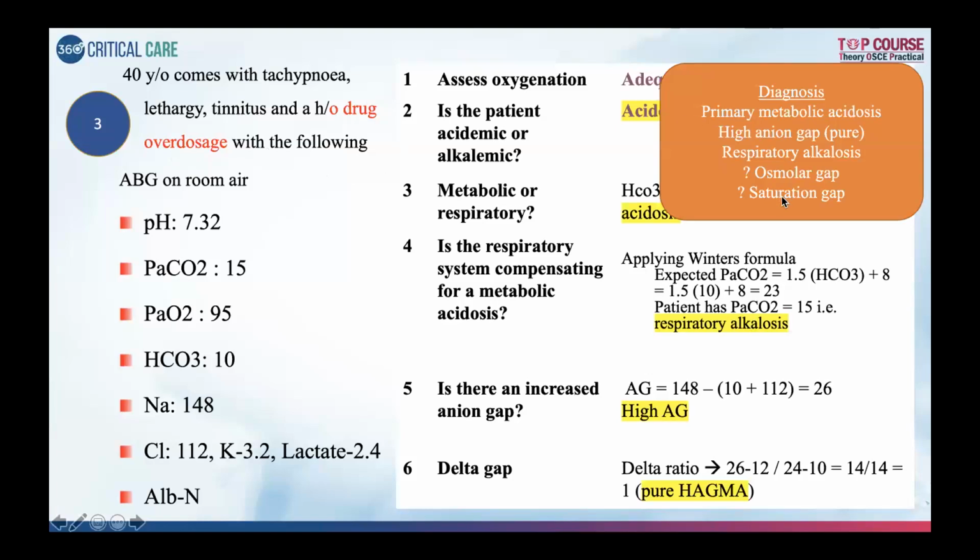Whatever your calculated one is with the formula, which involves glucose, urea and sodium. But the actual measurement in the lab is with a freezing point osmometer. Most labs do not have that, so you'll have to ask whether it is done with a freezing point osmometer. And then you take the actual laboratory value of the osmolality and subtract your calculated osmolality.